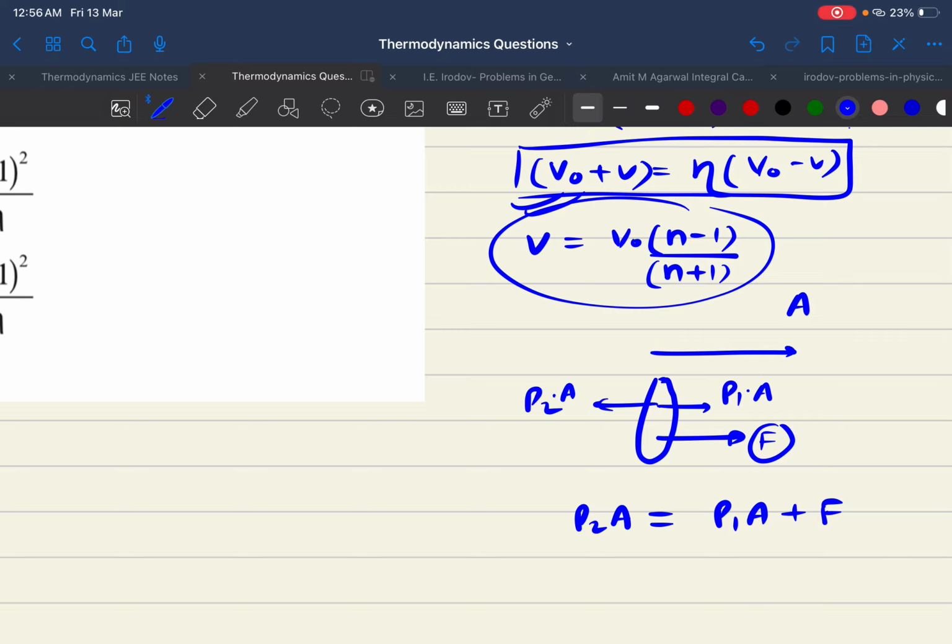This is a key point, this is a trick, this is the concept.